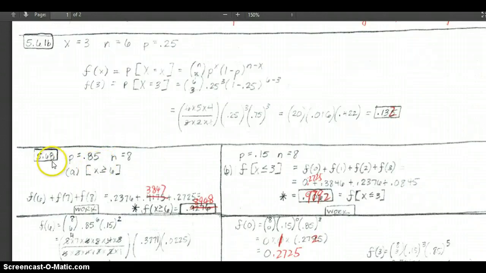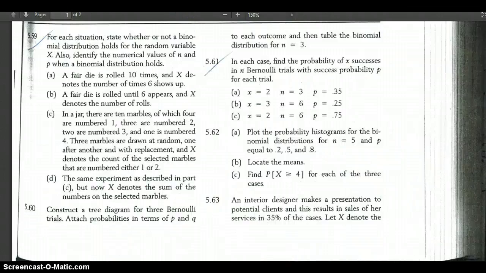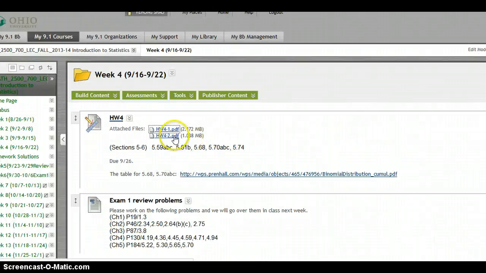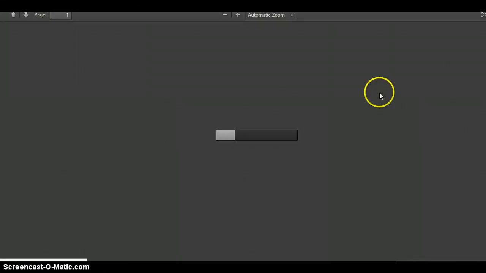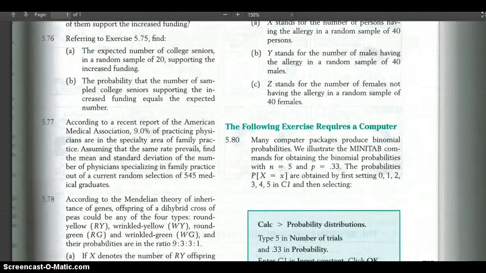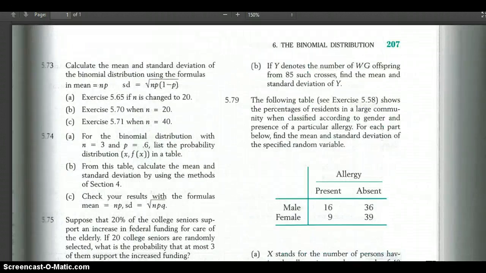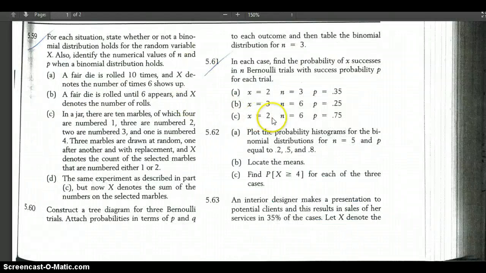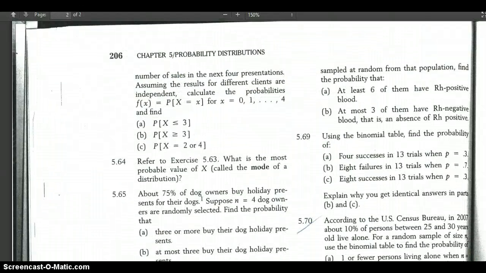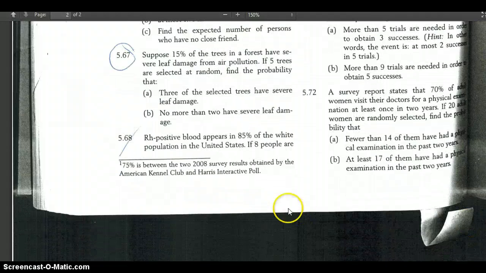Okay, and 5.68. This question is different. Let's look at 5.68.